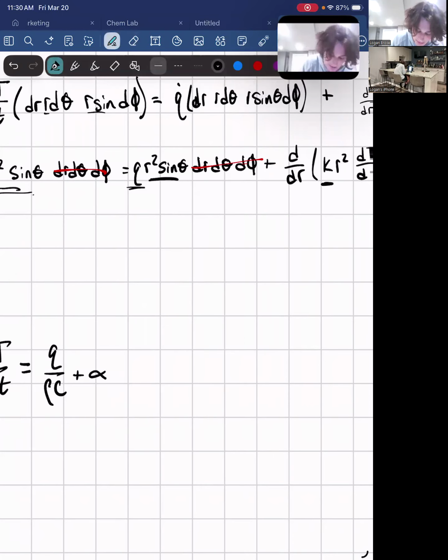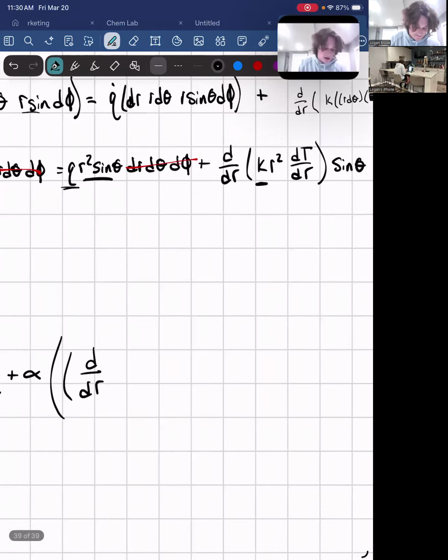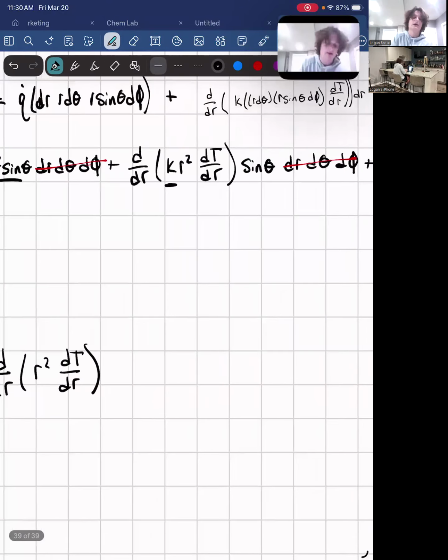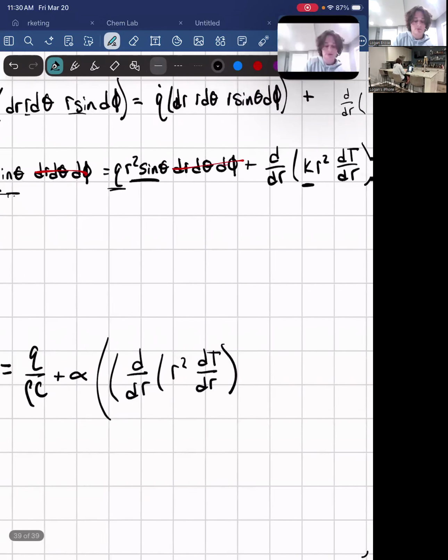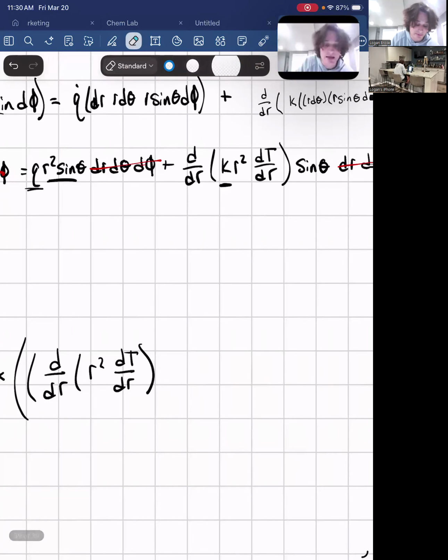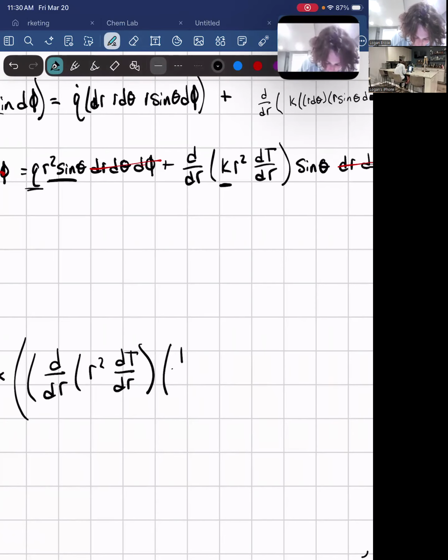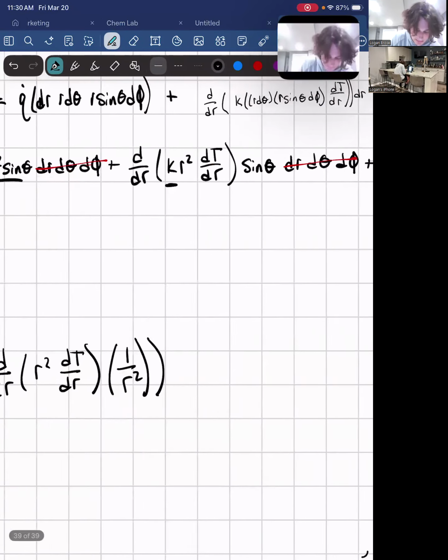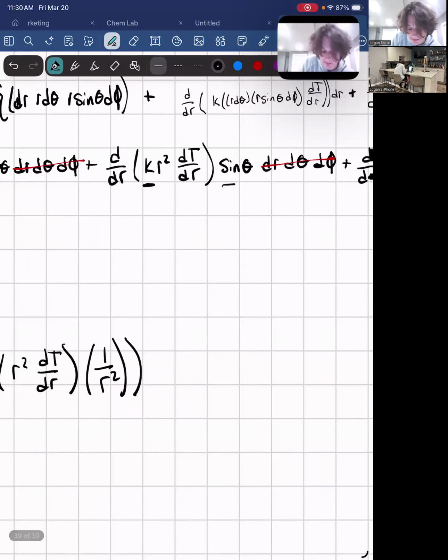So we have our d dr of r squared dT/dr, and then our sine cancels, but we still have our r squared, and we cannot cancel it with this r squared because this is in the derivative. So we'll have multiplied by 1 over r squared. And that's it for that term because we canceled out the sine.